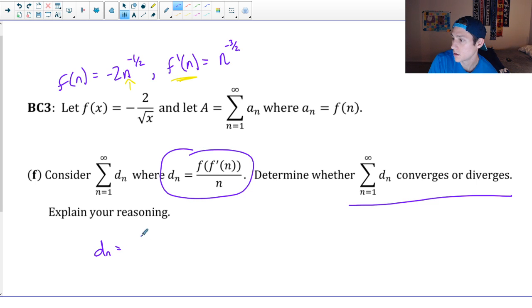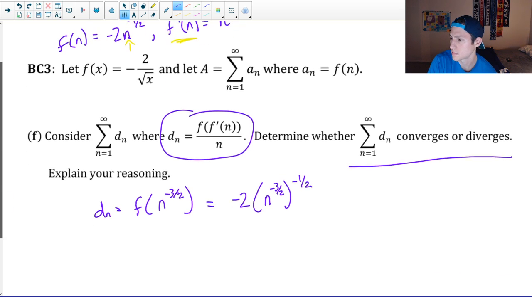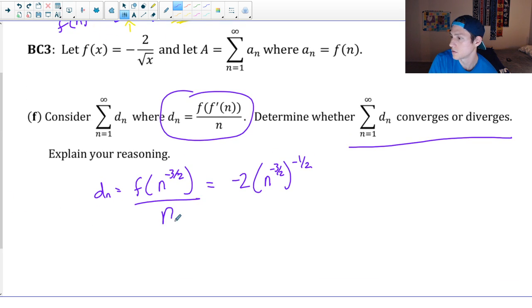So we're doing f of negative 2 n to the negative 3/2, all to the power of negative 1/2, and that's all over n. We have an exponent of an exponent, so we multiply the exponents together.